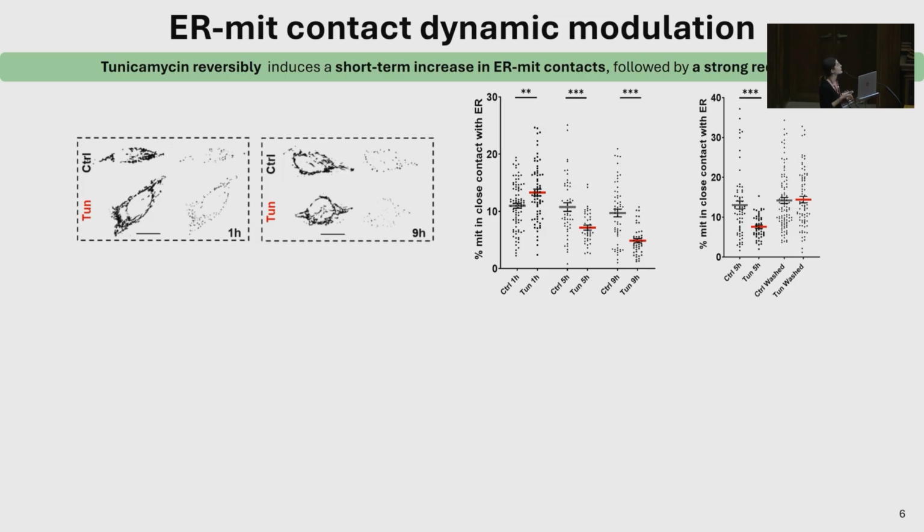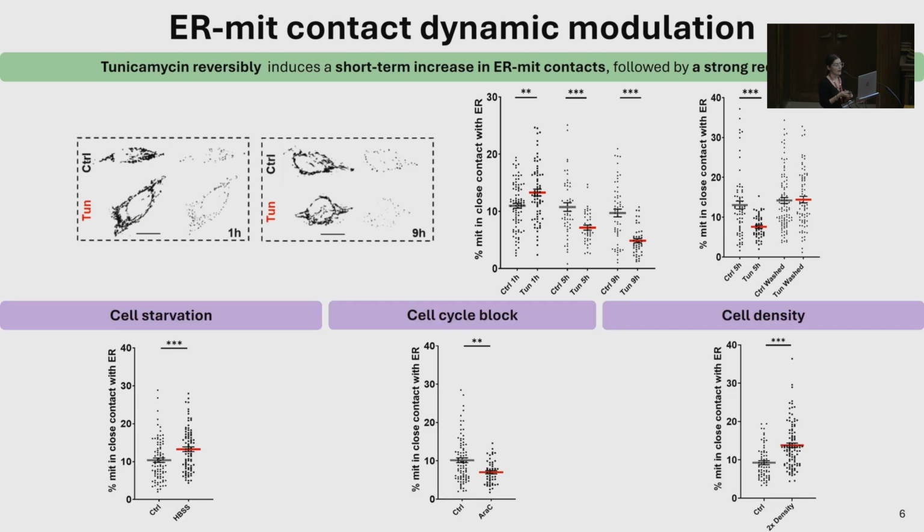In fact, we saw an initial increase, followed by a decrease of such contacts. Moreover, if we washed away the tunicamycin stressor, we could restore the physiological extent of contact sites. We got an increase in contacts also upon starvation and increased cell density, or a decrease by blocking the cell cycle.